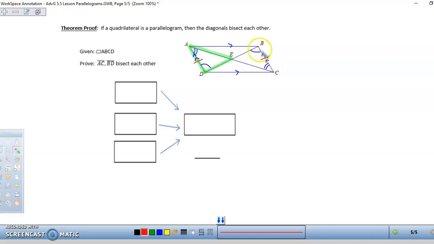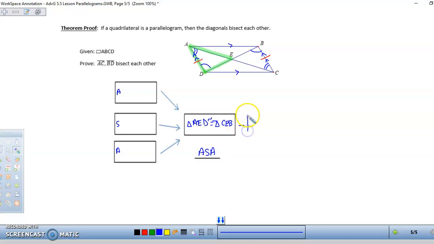Same over here, angle, side, angle. Okay, so I'm just going to briefly put that in here. That angle, side, angle will get me the triangle. Let's go with AED, congruent to, so AED would go with CEB. And the reason would be angle, side, angle.